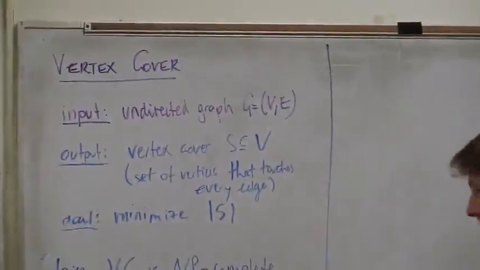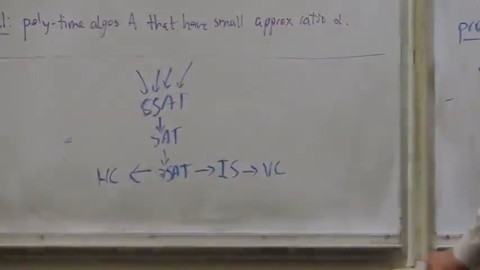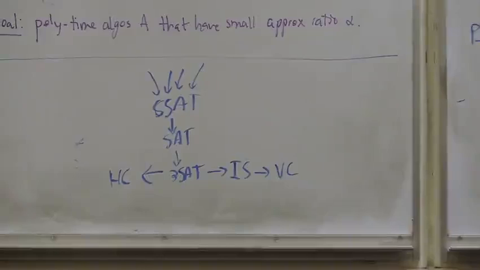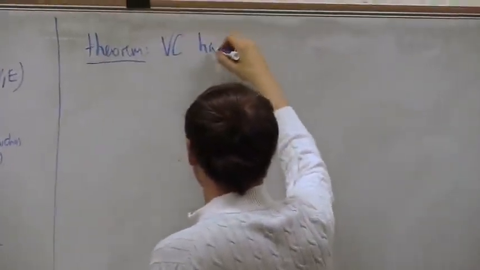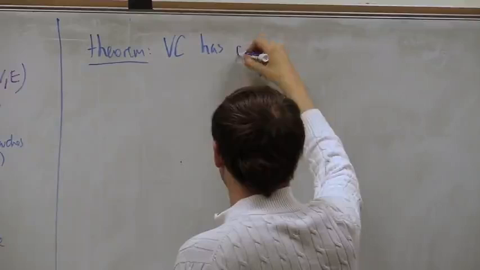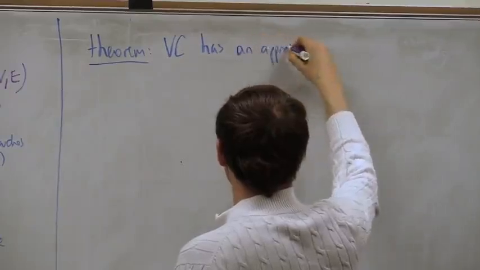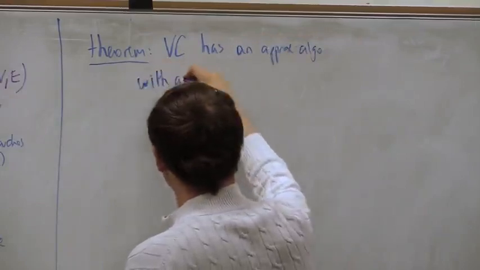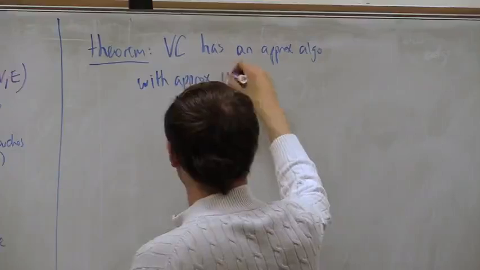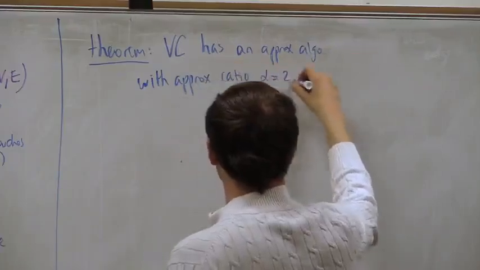So now we're going to prove that vertex cover has a pretty simple two approximation algorithm. Theorem: vertex cover has an approximation algorithm with approximation ratio alpha equals 2.